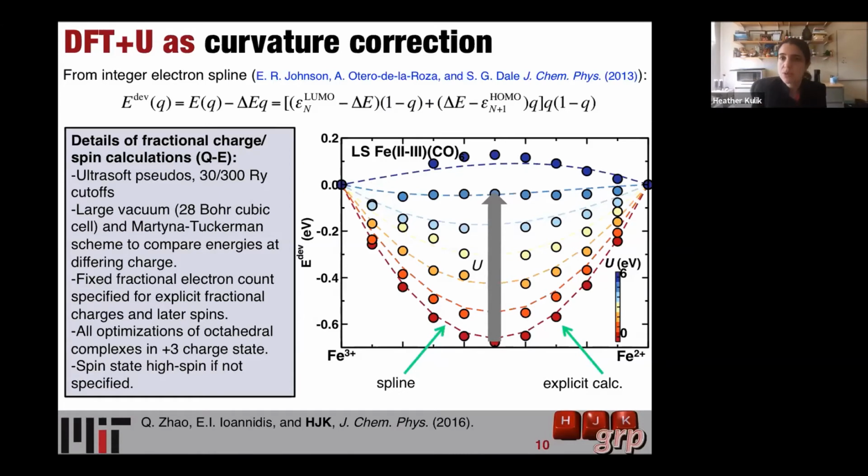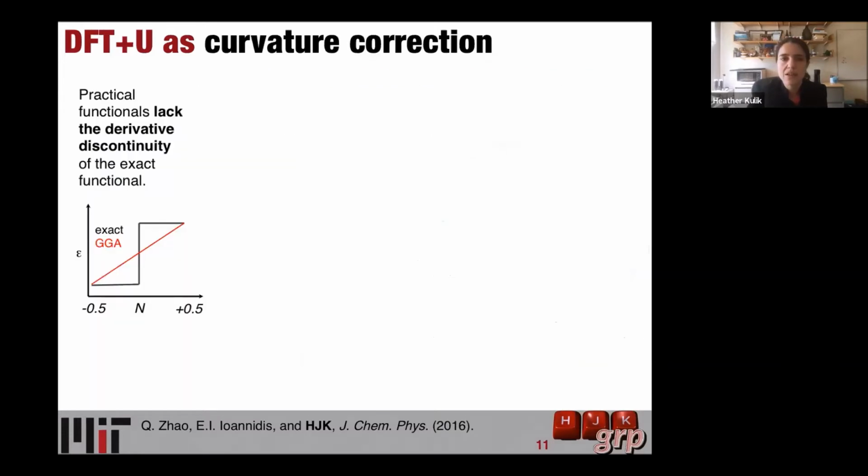So DFT+U is doing exactly what we had said all those years ago it should do. It actually is fundamentally getting us closer to a condition that we say the exact functional should recover, which is that the energy should be piecewise linear.